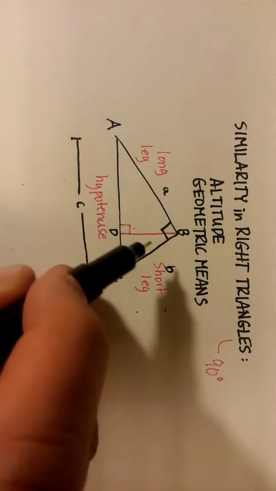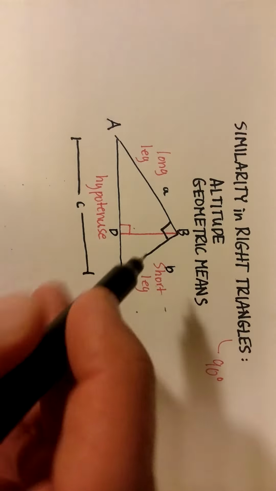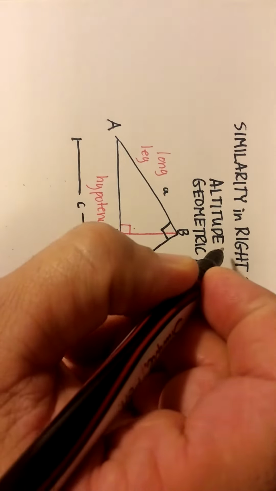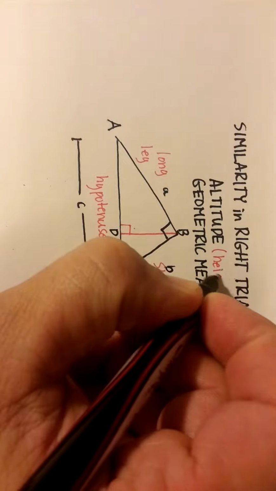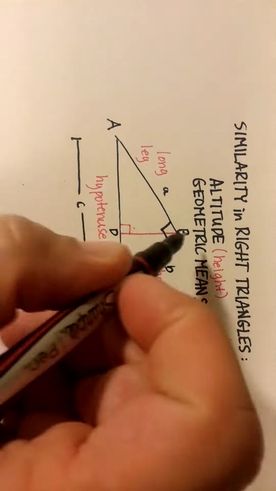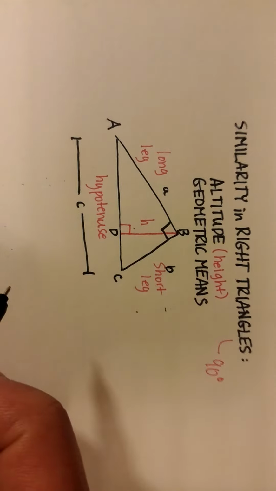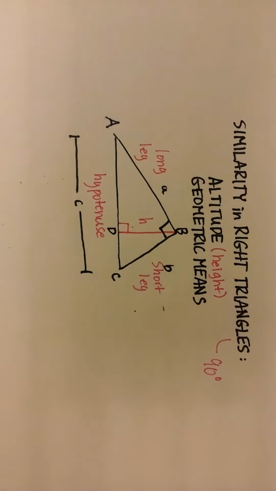Now, something that I forgot to mention about the altitude, it's also called the height. It's also called the height of the large triangle. So let's label that as h. All right? So small h.